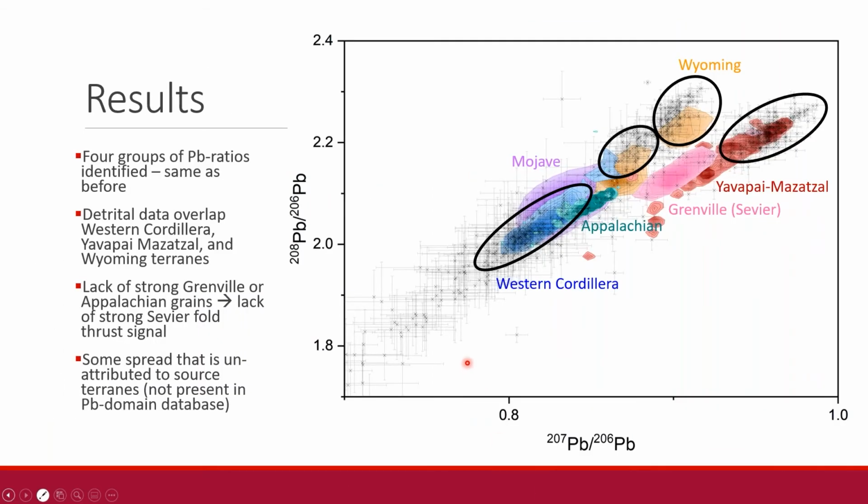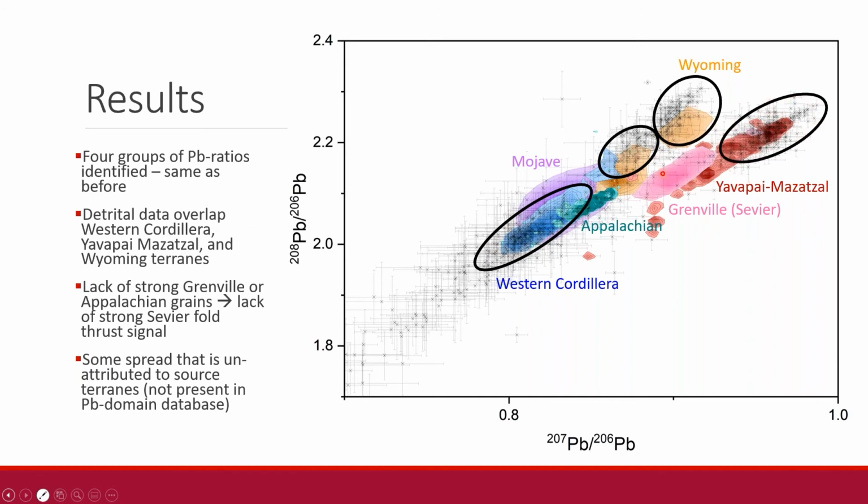When we overlay our detrital data on top of those polygons, it's a little bit of a busy diagram, but you can see that these four populations still really pop out, and they overlap significantly with this Western Cordillera, the Wyoming terrain, and the Yavapai Mazatzal terrain.